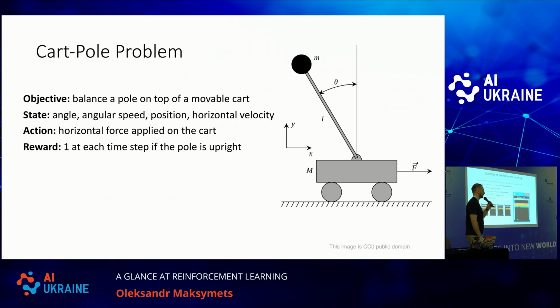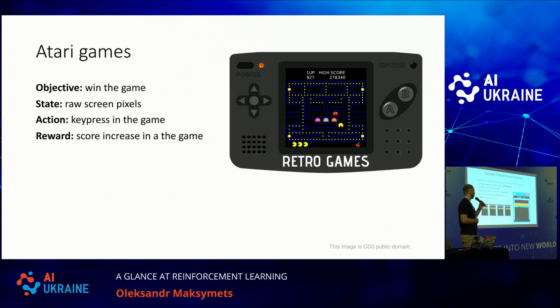The more interesting ones are the recent breakthroughs in Atari games, when OpenAI took a bunch of Atari games and said, okay, we have a model, and we give the model the possibility to do actions, to press keys in the game. As input, the model receives the RGB image of the game and the score.